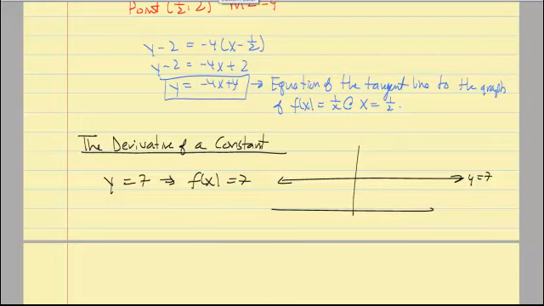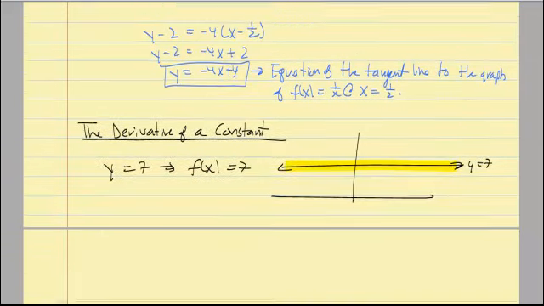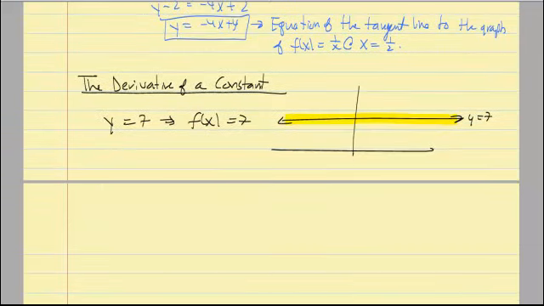Well, if I want to talk about the slope of the tangent line, we can see that the tangent line is going to be the line itself. So the tangent line is going to lie right on top of this. Okay, and of course the slope of a horizontal line is 0, so the slope of the tangent line is going to be 0.